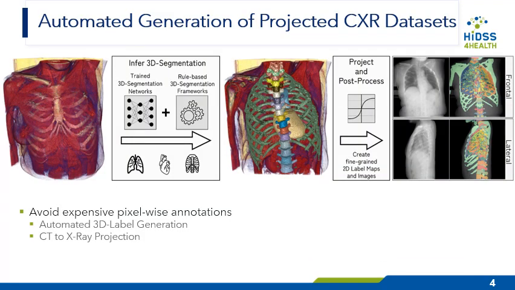Our pipeline is structured as follows. We first, given a set of CT scans, infer 3D segmentations either using trained 3D segmentation networks or rule-based 3D segmentation frameworks. We then project both the labels and the volume to a 2D map simulating an X-ray.